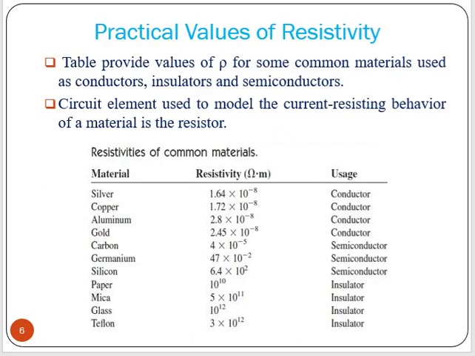Now let us take some examples of the resistivity values of some materials. For silver, you can see the value is very small, 10 to the minus 8, and it acts as a conductor.